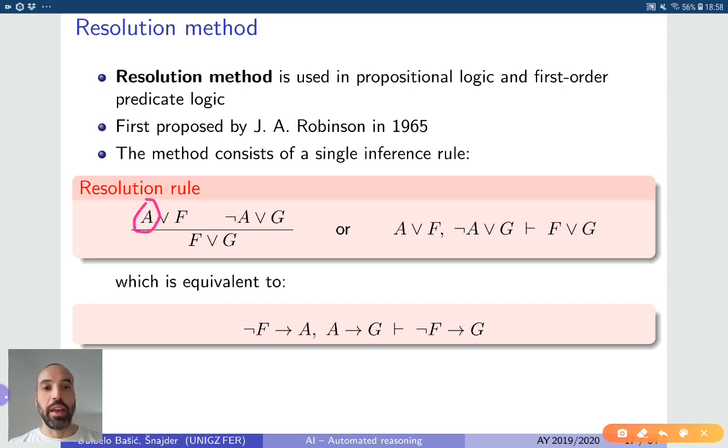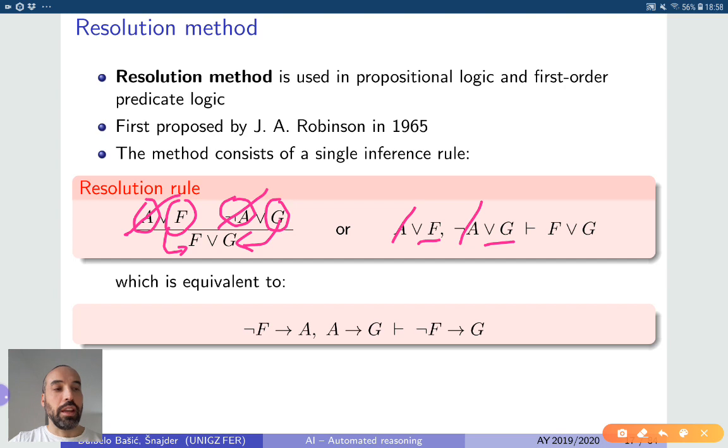So we have an A here, a non-A here, and what the rule essentially does is cancel these two atoms, and what we are left with, the OR F and OR G part, are combined to give us the deductive consequence. So again, A and non-A are cancelled, and F and G are brought together to give us the deductive consequence.